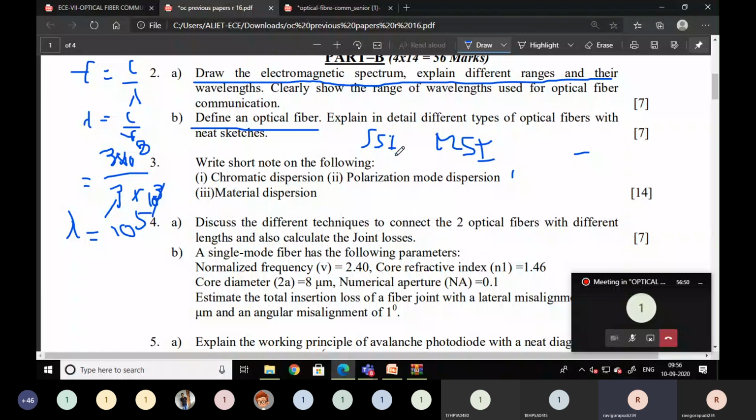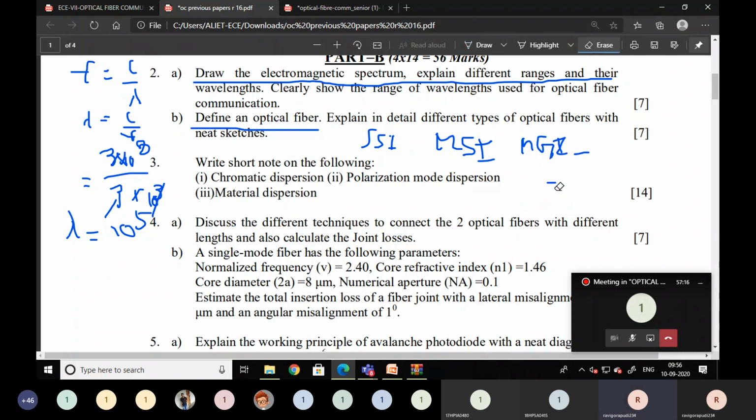Single mode step index fiber, multi-mode step index fiber. Next one, multi-mode graded index fiber. These are the three types. Here we are not discussing single mode graded index fiber. If you write it, you can explain it also, but here it was not useful. That's why I am not mentioning that one.